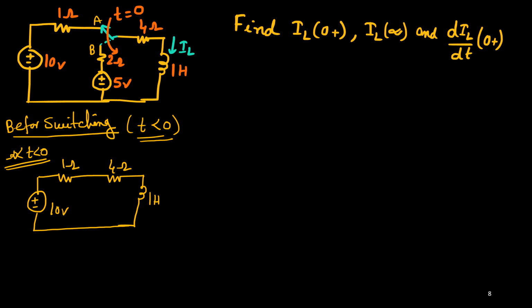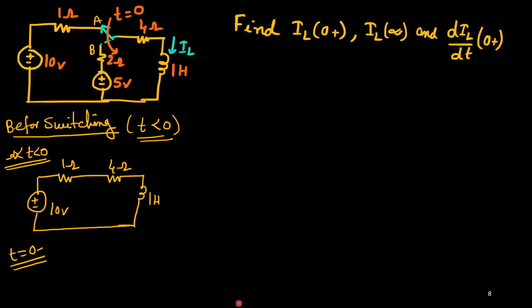So can I say that at t equals 0 minus, if you want to analyze the circuit, the inductor will be in steady state, no? In steady state, VL is becoming 0, so the inductor will behave as a short circuit. So we replace this inductor by a short circuit.